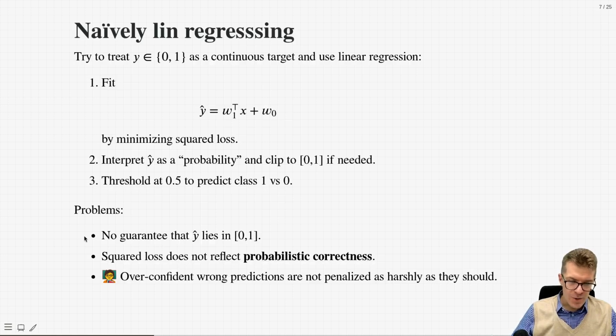The squared loss we saw before is a measure of distance between estimates in data space, but this doesn't really reflect probability or probabilistic correctness. So we're maybe optimizing for the wrong thing in terms of our residuals. And also it doesn't really help us correct for overconfident predictions. Predictions that are very wrong should be penalized more than predictions that are just slightly wrong.